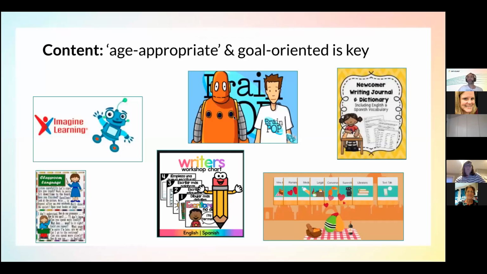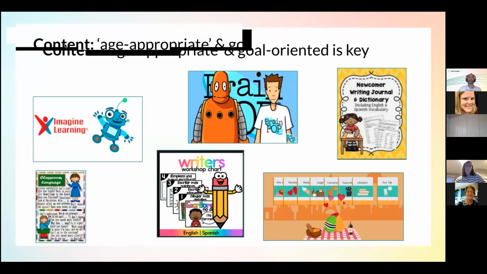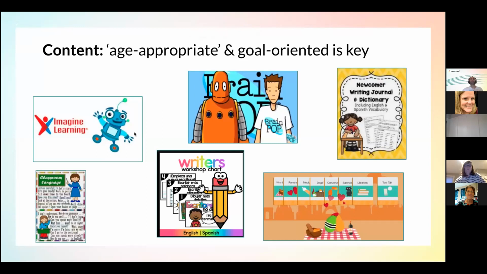This is just the note I wanted to make about age appropriateness. The content that we're using for our middle and high school newcomers, in many cases depending on the students, is for students who are coming into our districts with quite a lot of life experience. A lot of growing up happens quite quickly, and in their countries of origin, in their home communities, within their family units, they very well might be considered adults or young adults or almost adults.